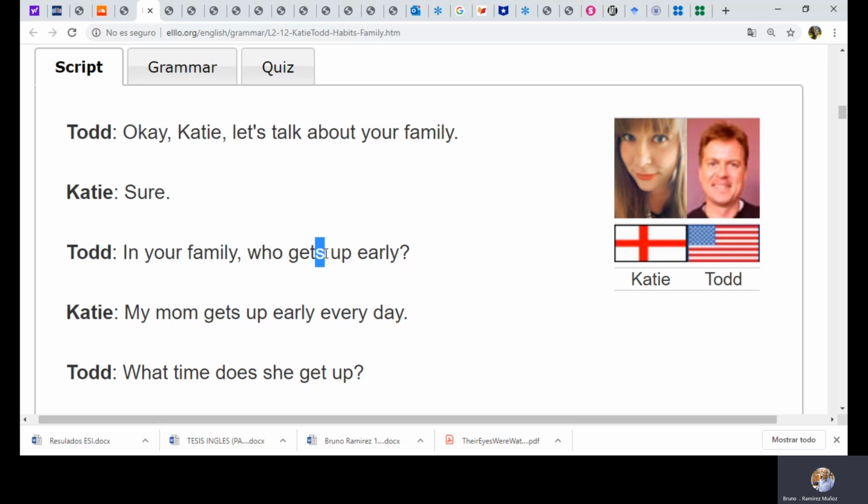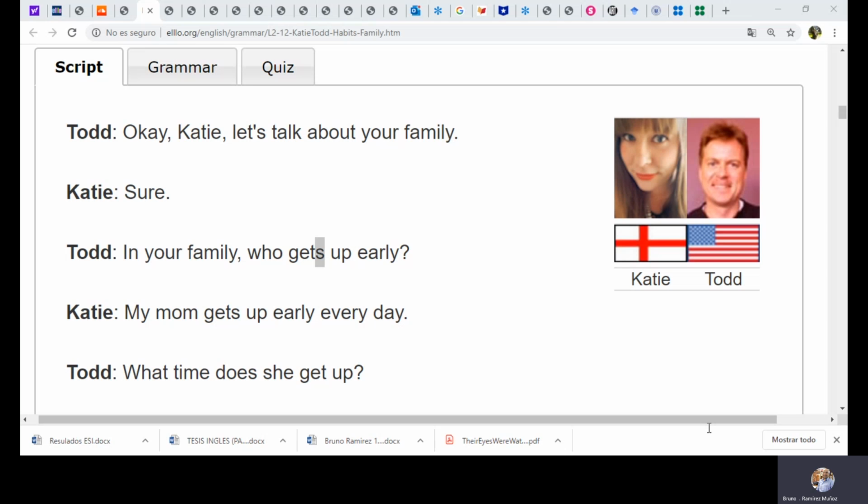Go through each verb and identify the s ending in each one of the verbs in the dialogue. I'm typing this in the chat, right? Okay, that's the first task.